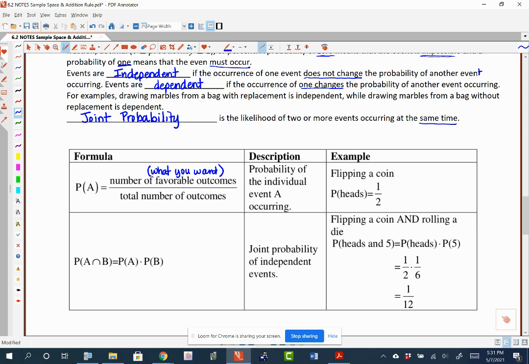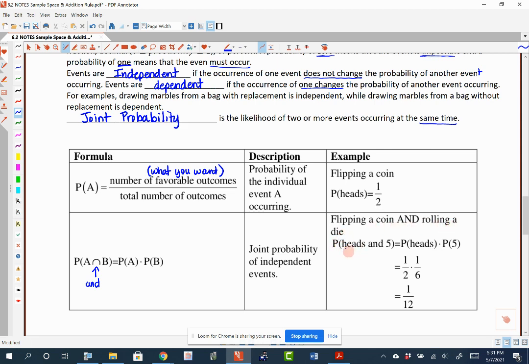Well, let's look at what if we had a joint probability. What's the likelihood of 2 or more events happening at the same time? So we'll see our notation change here a little bit. What's the probability of A and B happening at the same time? That's that joint probability. So we're going to multiply the probability of event A times the probability of event B. So as we look at this, flipping a coin and rolling a die.